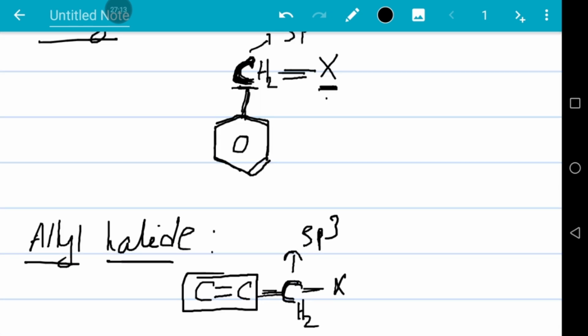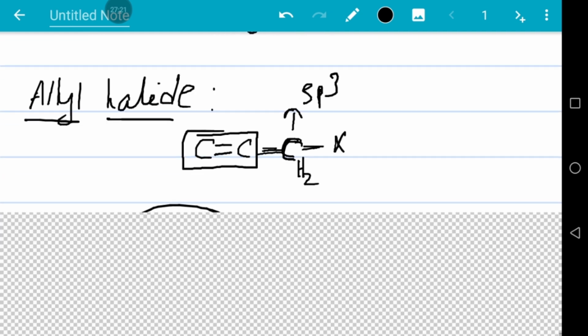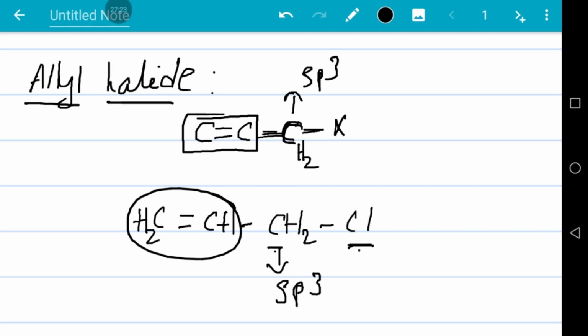Here, benzyl halide means halogen is attached to the sp3 hybridized carbon which is adjacent to the benzene ring, that is the benzyl halide. Allyl halide means halogen attached to sp3 hybridized carbon which is adjacent to the double bond, then it is known as allyl halide. So this is based on the halogen attached carbon hybridization.